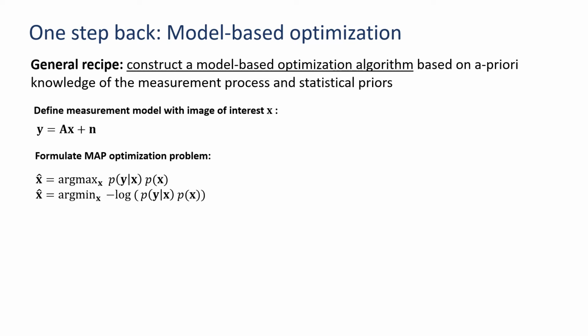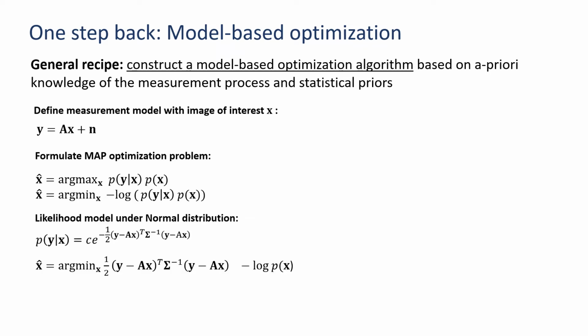Now, for given p(y|x), so for given likelihood models and priors, we can write this out more specifically. Let's first have a look at the likelihood model that we have above. So if we assume that the noise model n follows a Gaussian distribution, then the likelihood model looks like this, where if we plug that into the above minimization problem, we get something that is basically a weighted least squares problem plus a negative log prior term.